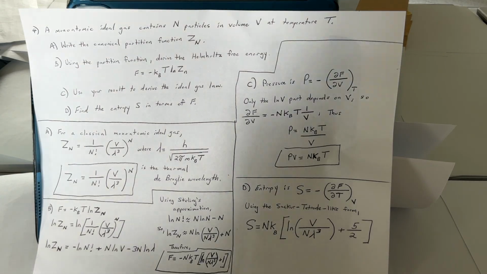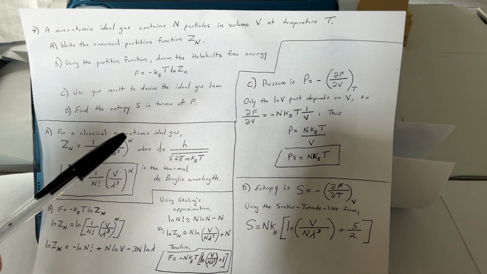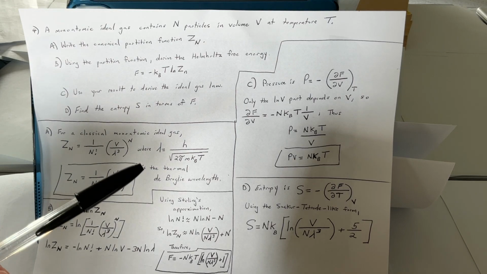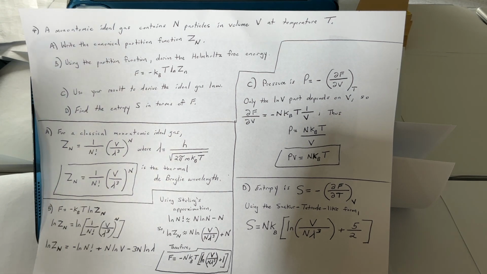For letter A, for a classical monoatomic ideal gas, Z_N equals 1 over N factorial times the quantity V over lambda cubed, raised to the N, where lambda is h over square root of 2 pi m k_B T. That lambda is the thermal de Broglie wavelength.